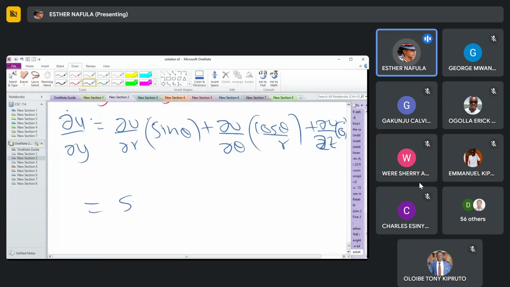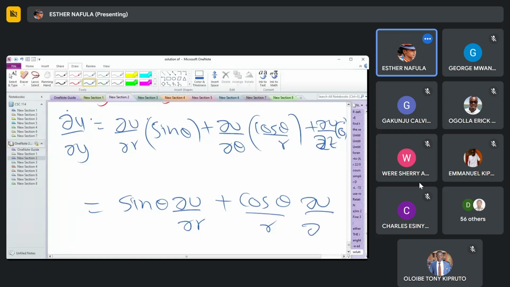So this is equal to sin theta partial u partial r plus cos theta over r partial u partial theta.